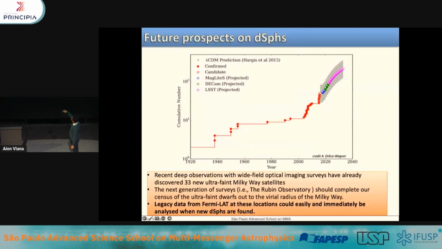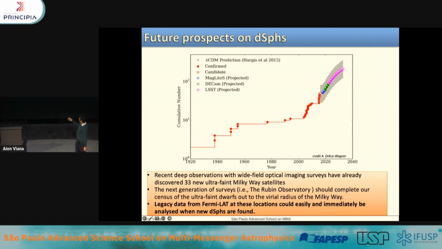Now, the good thing about dwarf galaxies is that there are new observatories and surveys that are observing the whole sky. For example, these recent deep surveys have observed 33 new ultra-faint dwarf galaxies. There's a new generation of surveys, such as the Rubin Observatory, which is predicted to observe all the dwarf galaxies up to the virial radius of the Milky Way.